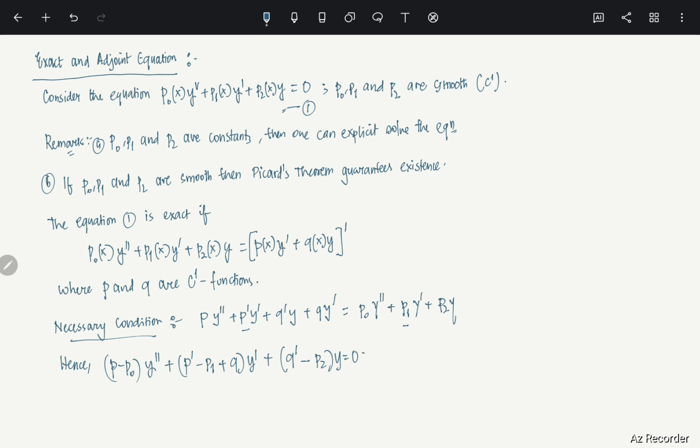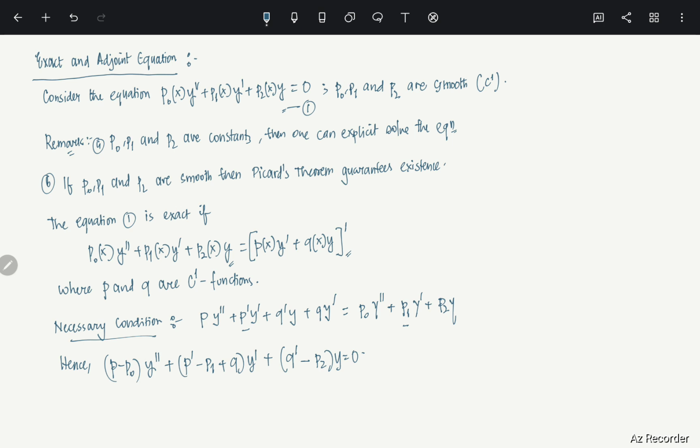This is okay. Now you see, I want this expression to be equal to this, and this should hold for all y. It's not for a fixed solution y. Is this okay? I hope this is clear. We are not trying to solve the problem.